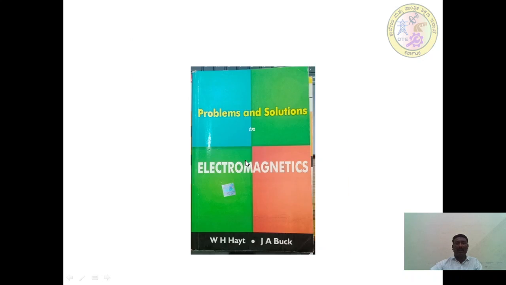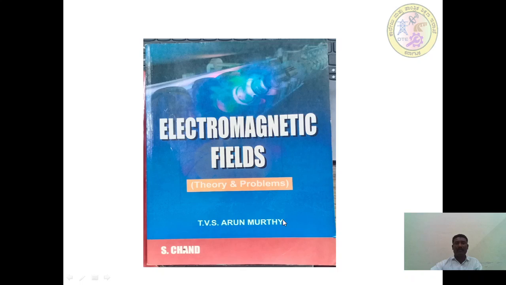Then Problems and Solutions in Electromagnetics, where the prescribed exercise problems are solved by W.H. Hayt and Buck. This is one of the textbooks I referred to, from S. Chand publications, Electromagnetic Fields, Theory and Problems. In this textbook, the objectives and outcomes of the chapters, along with the equations and explanations, are very good.